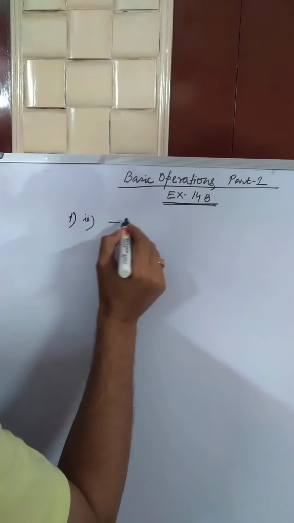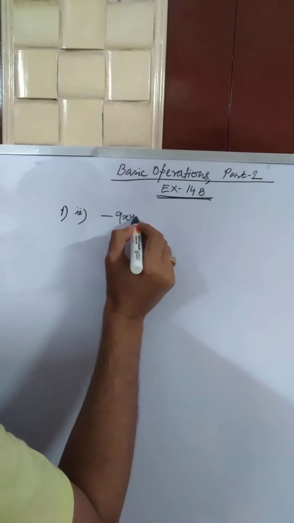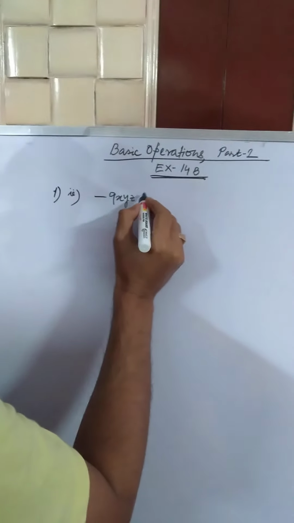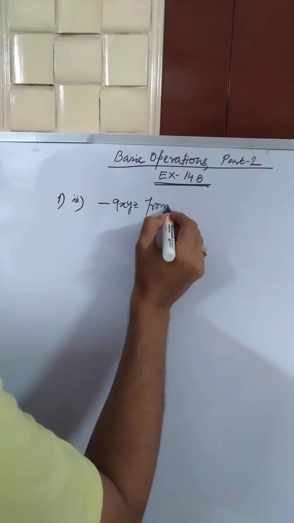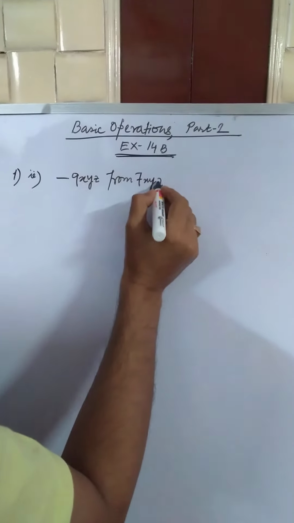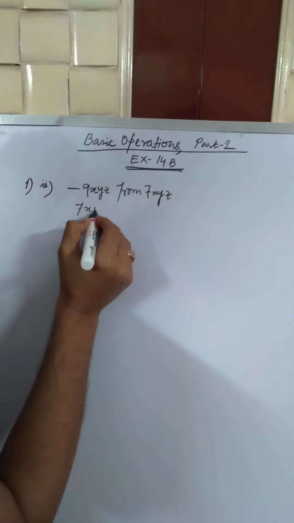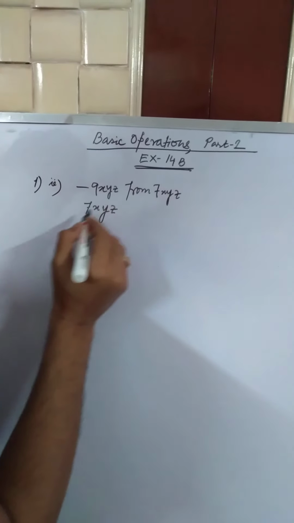The question is: subtract minus 9xyz from 7xyz. So what you have to do, write first 7xyz.